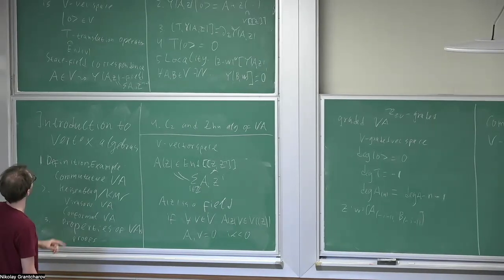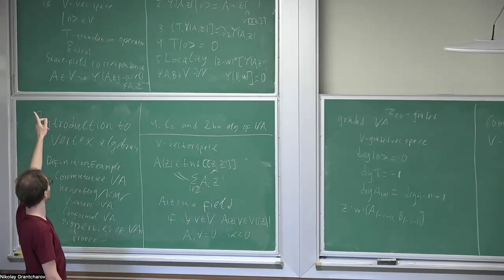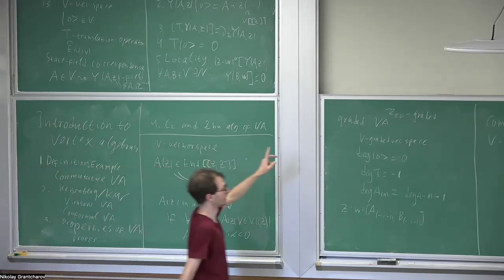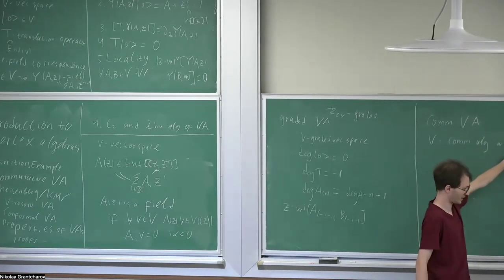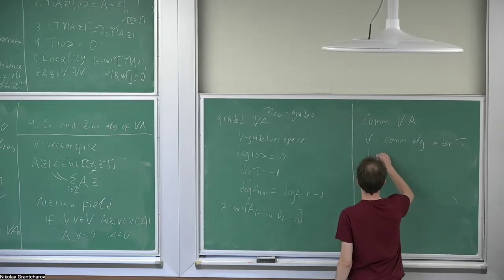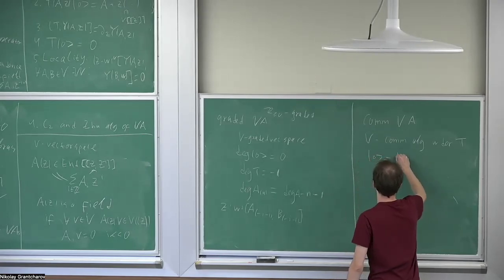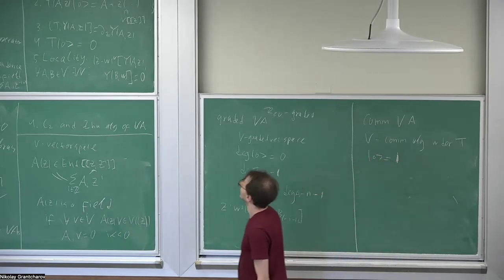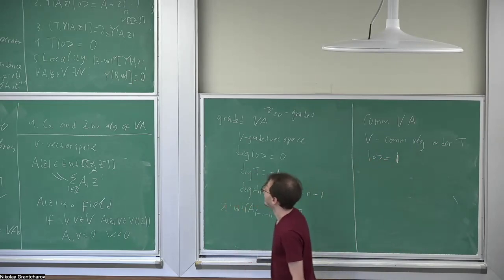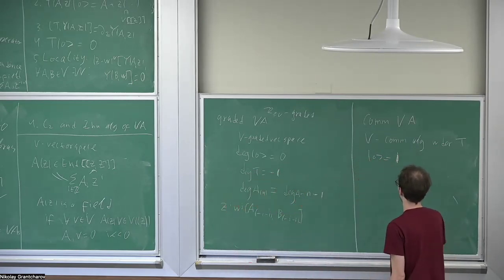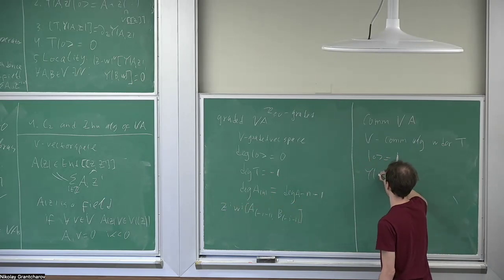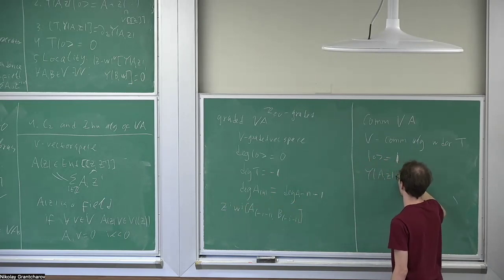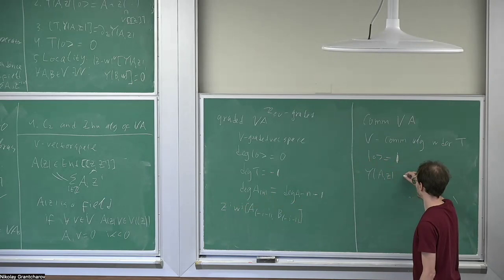Okay, so I already have the vector space, the vacuum vector, and the translation operator. The translation operator is T, and the vacuum is 1. Now I have to define fields, and the fields will be Taylor series.